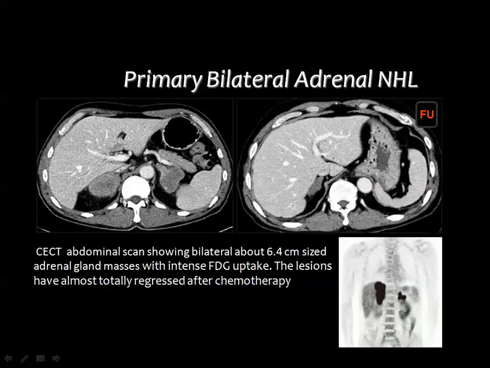And this is bilateral involvement of the adrenal glands by soft tissue masses, and of course, PET scan is not so much helpful in assessment of this disease since most of the previously mentioned possibilities will show increased metabolic activity. Then you have the follow-up after treatment with almost total regression of the left side and residual small mass on the right side.